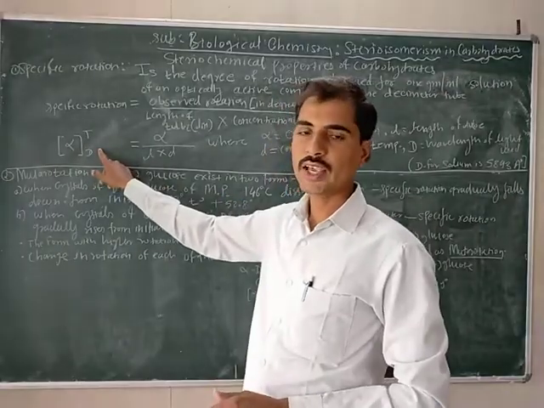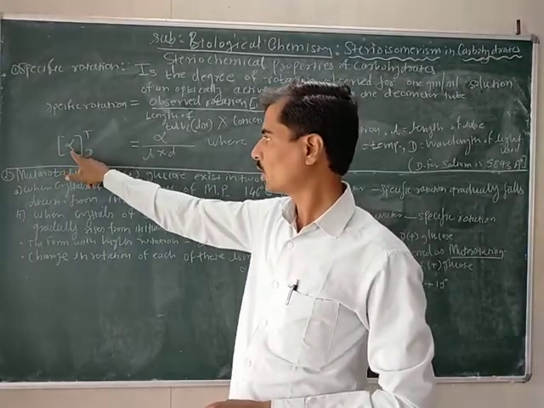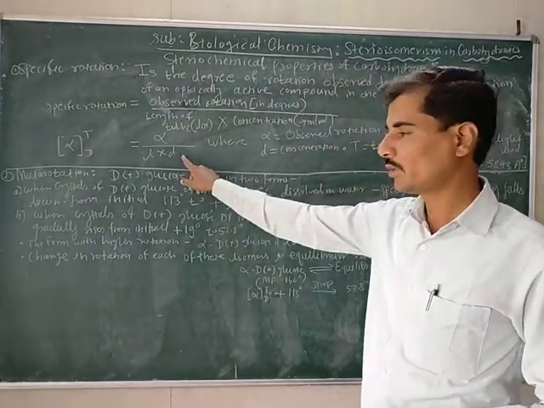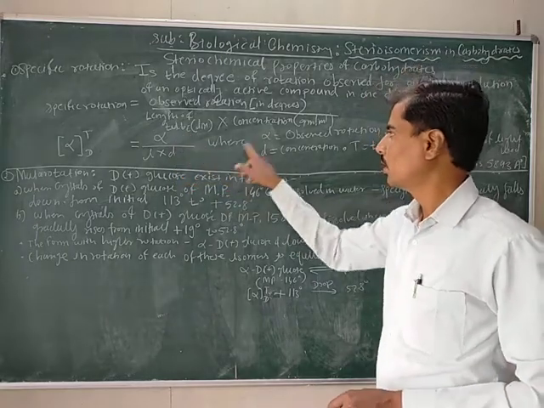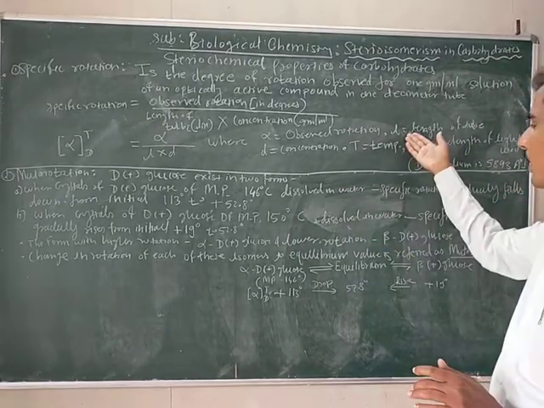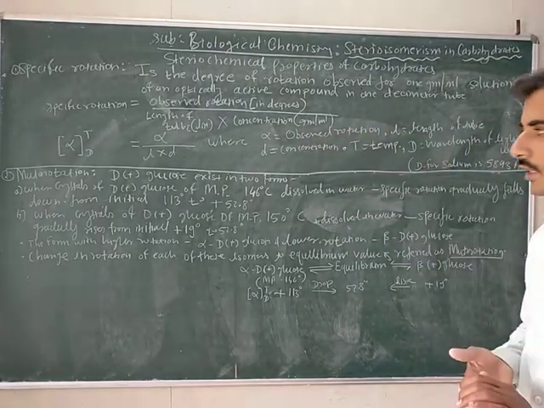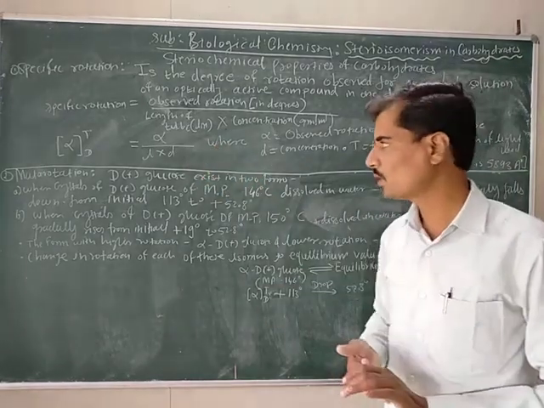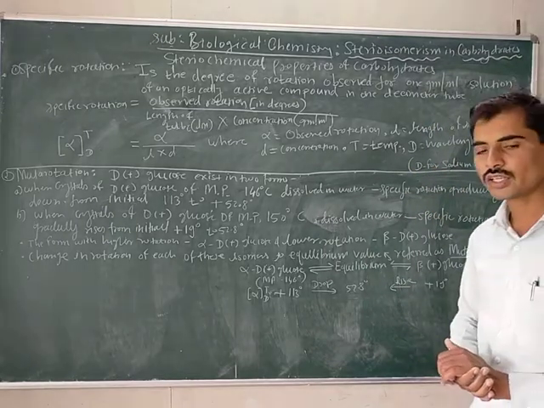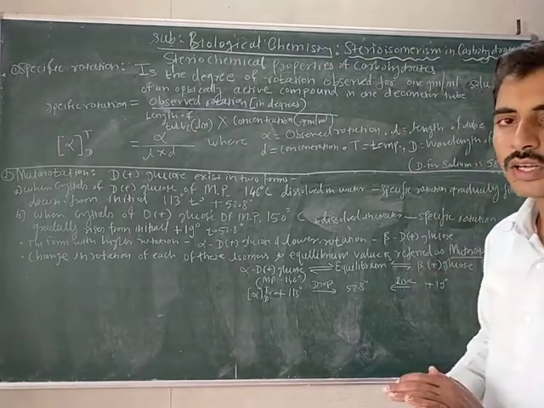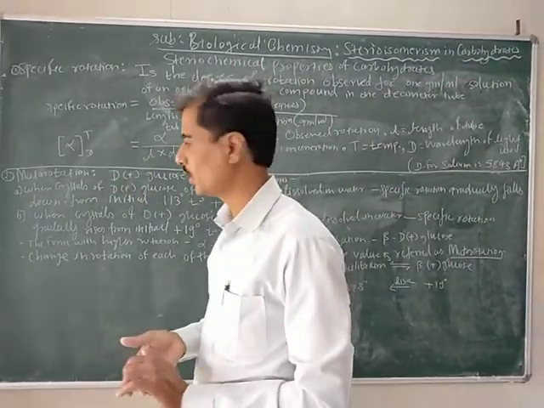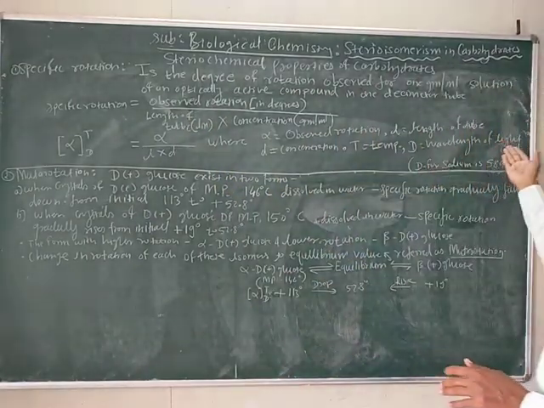The specific rotation can be represented by [alpha] T D is equal to alpha divided by L into d, where alpha means the observed rotation, L stands for the length of the tube in decimeters, small d stands for the concentration of the solution in gram per ml, and capital D stands for the wavelength of the light used.